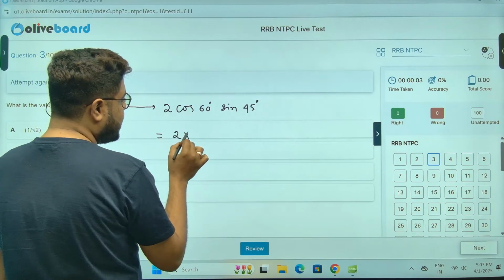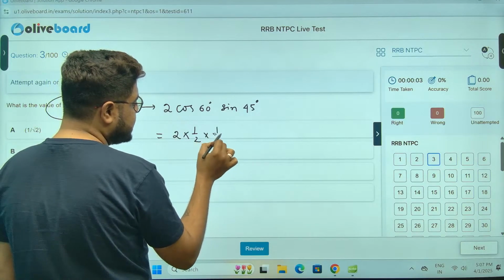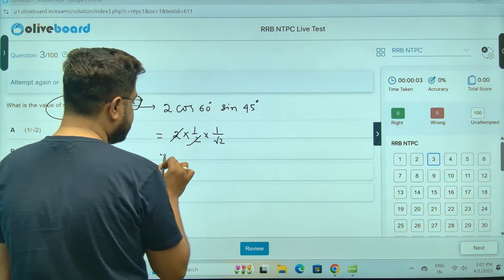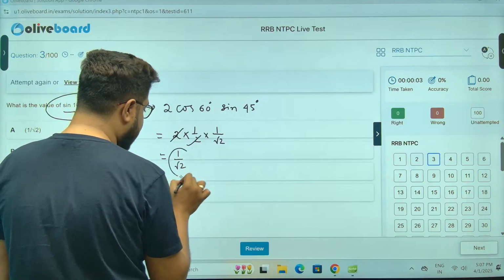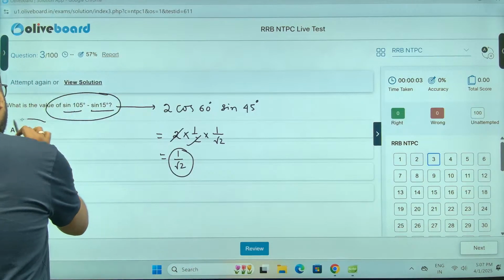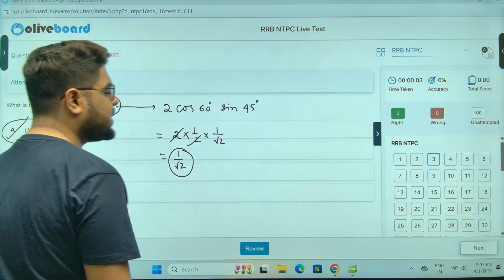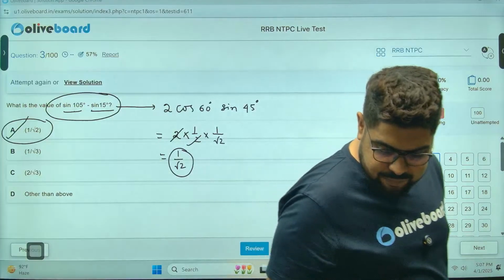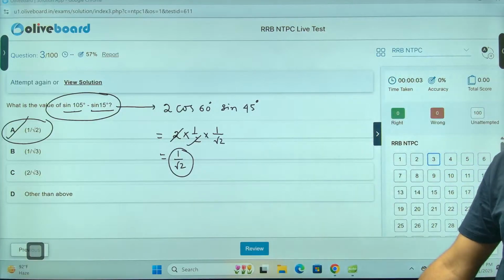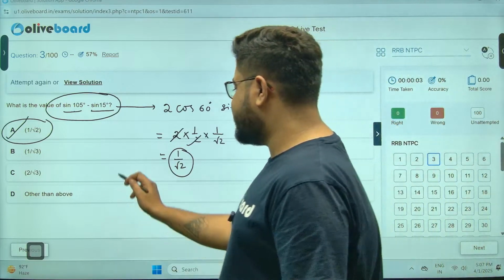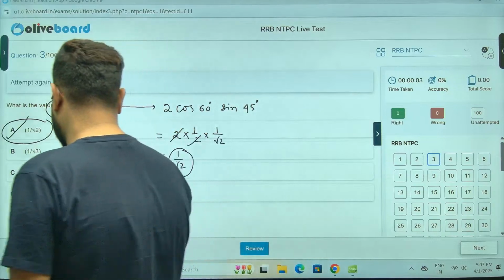So 2 cos 60 is half, sine 45 is 1 by root 2. So 1 by root 2 is the answer. Option A. First question, very simple question.